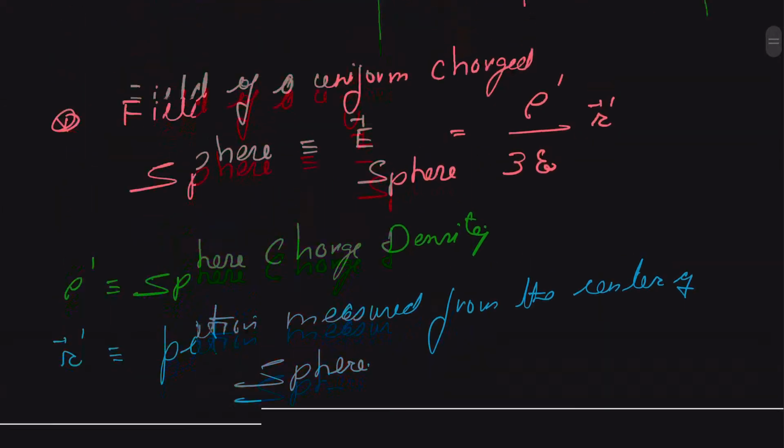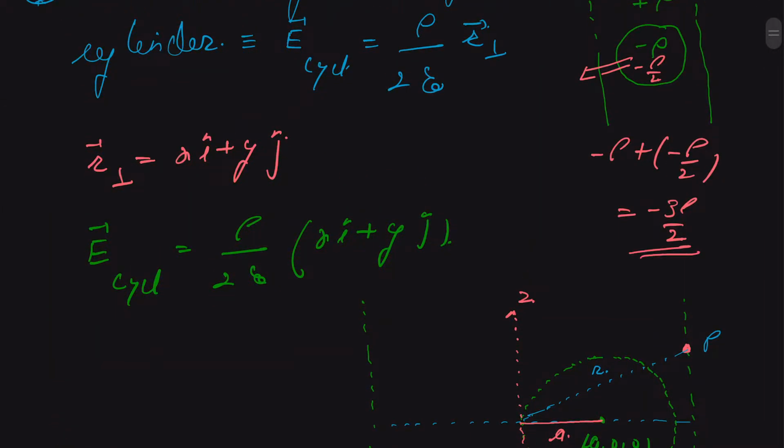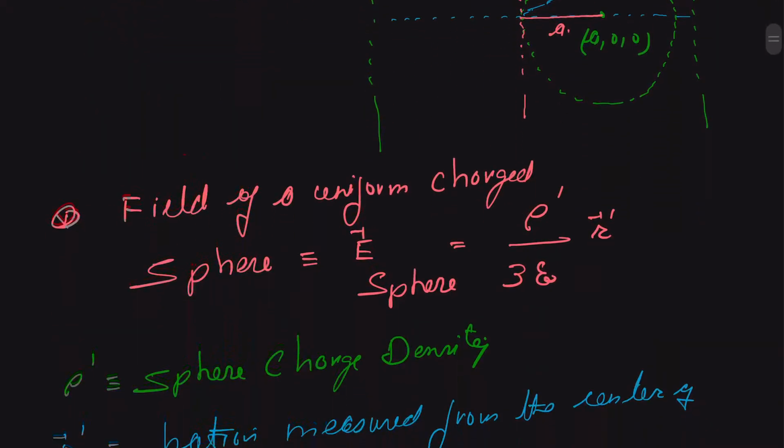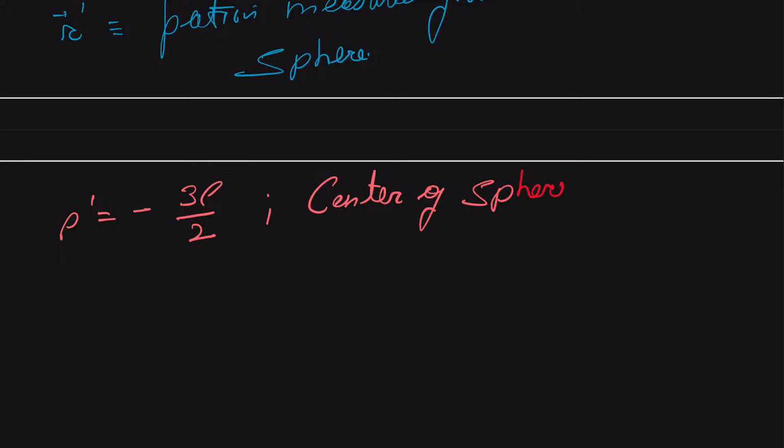And like we said, our rho prime will be equal to minus 3 rho by 2. So we can substitute it. We know that our rho prime is equal to minus 3 rho by 2, and we are given that the center of the sphere is at x is equal to a.